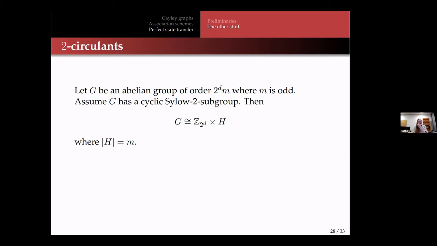So we have a group G, an abelian group with a cyclic Sylow-2 subgroup, and it has order 2 to the d times m, where m is an odd number. That means that it's a direct product of Z2 to the d and some H, which is abelian and has odd order.